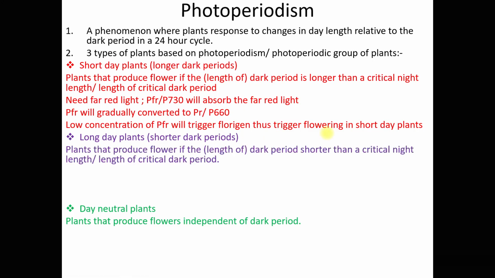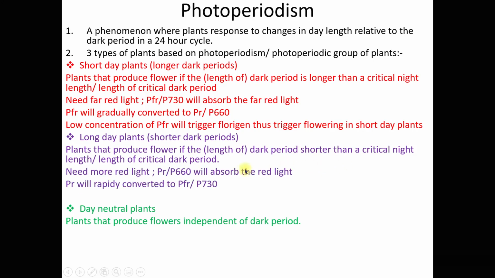Now, long day plants are plants that produce flowers if the dark period is shorter than a critical night length. Apparently, long day plants are the opposite of short day plants. They want shorter dark periods than a critical night length.